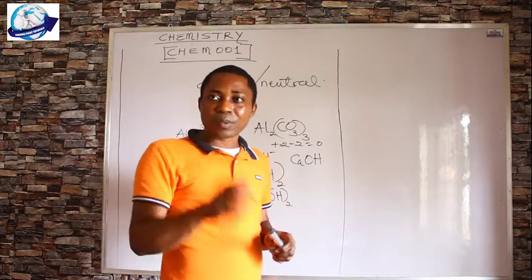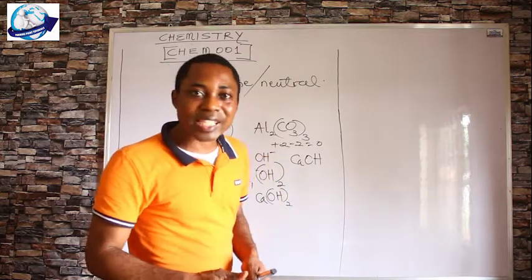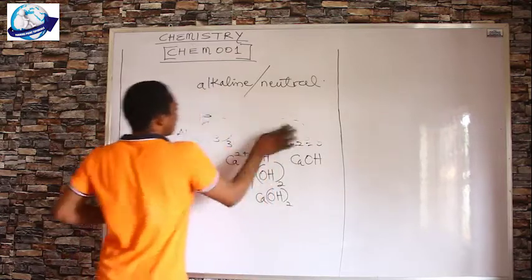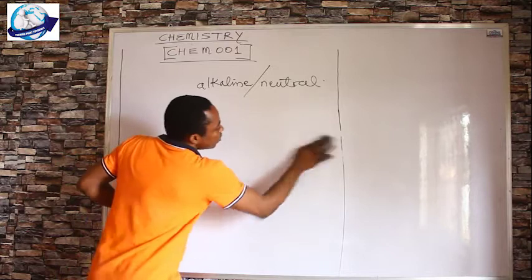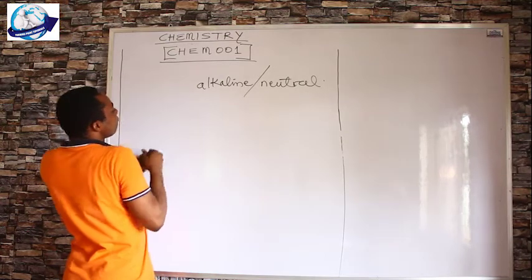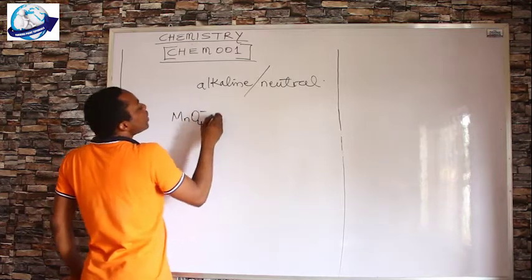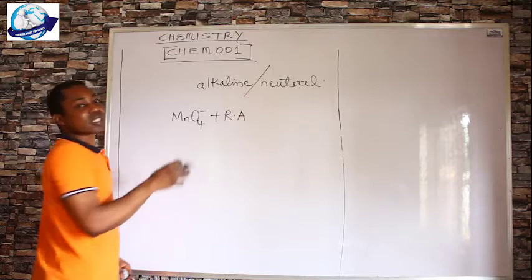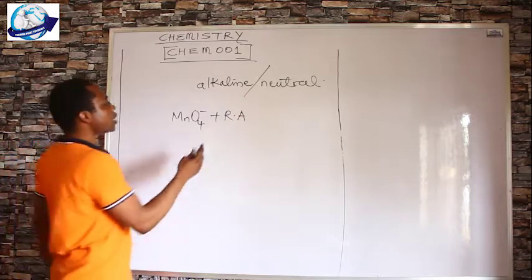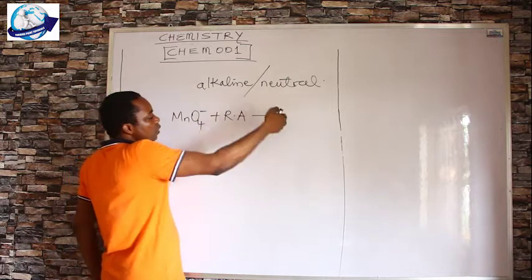So, for example, if you have an acidic medium, you pick up an oxidizing agent like we used before, MnO4 ion. This is an oxidizing agent, and if MnO4 ion is reacting with a reducing agent, what will happen at the end if it occurs in an acidic medium?